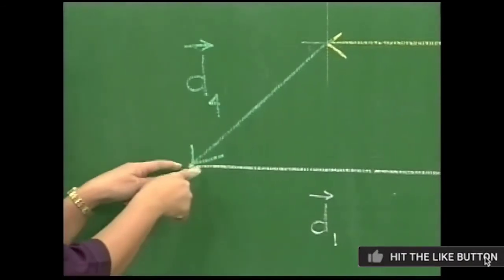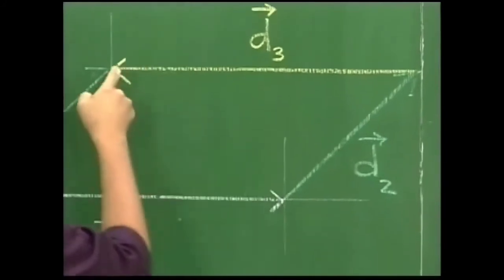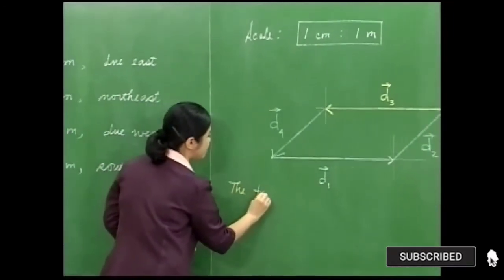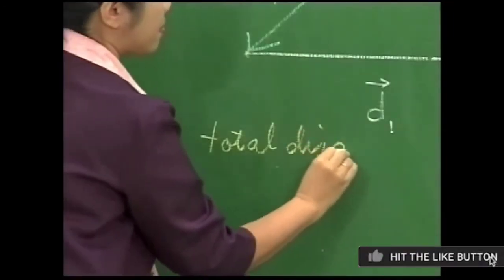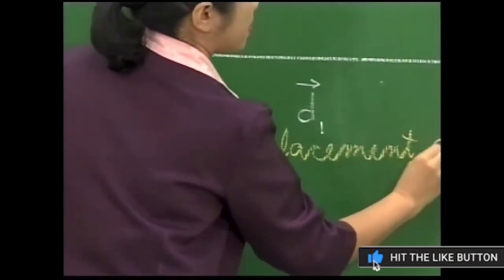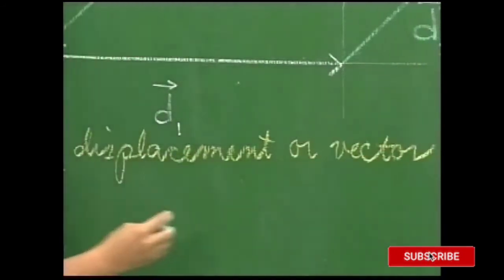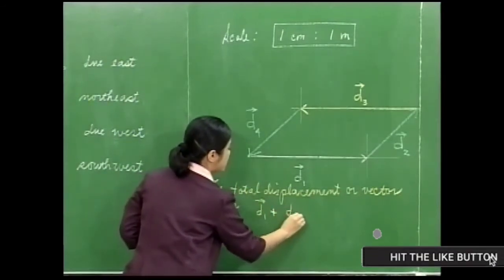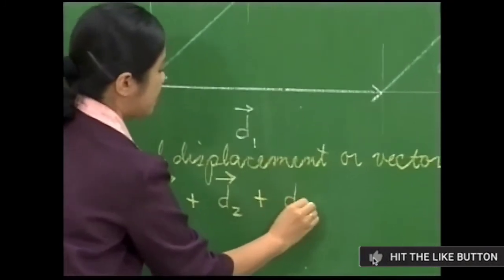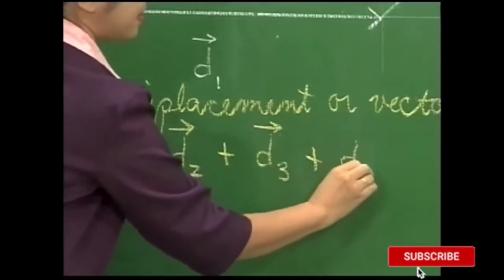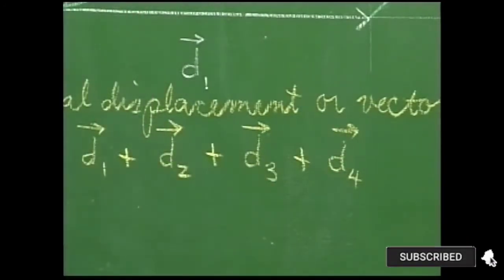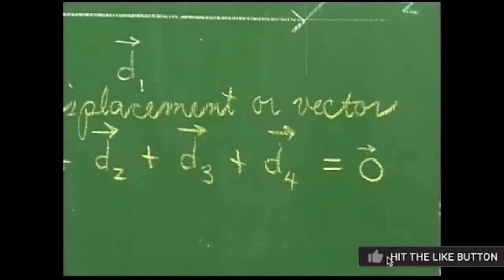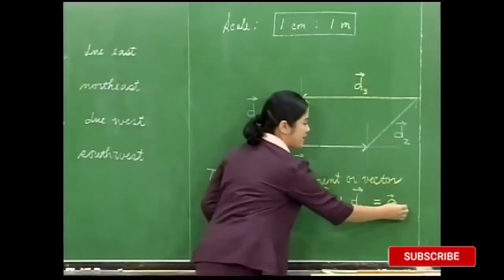The runner just went back to the original position, so the total displacement or vector sum, d1 plus d2 plus d3 plus d4, is just 0, or the 0 vector. So there is no total displacement.